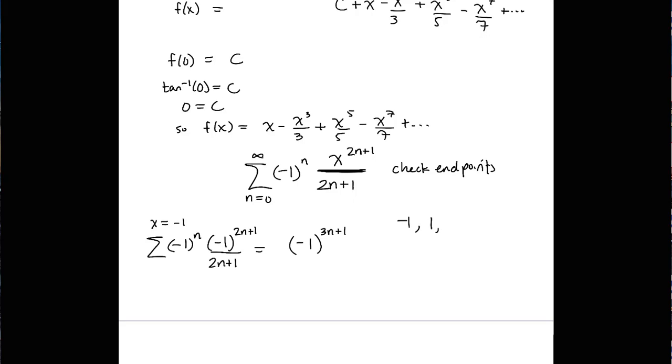If I plug in n equals 2, I get a negative. Yeah, so it's going every other one. So I can just write this as negative 1 to the n plus 1. Same series, right?